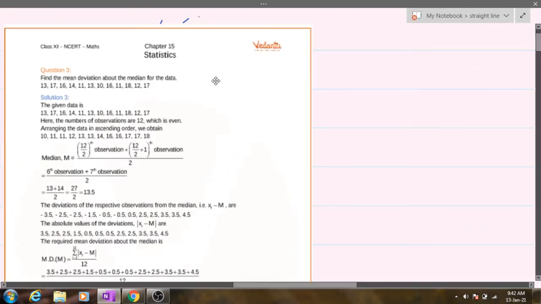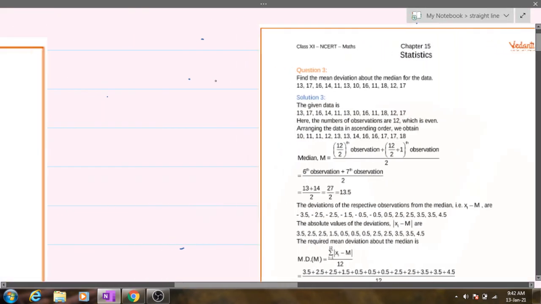Okay, so this is your question. You have to calculate the mean deviation about the median. So first of all, you should know what the formula for median is.